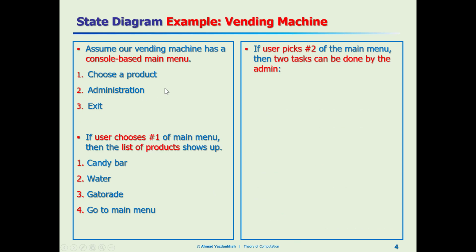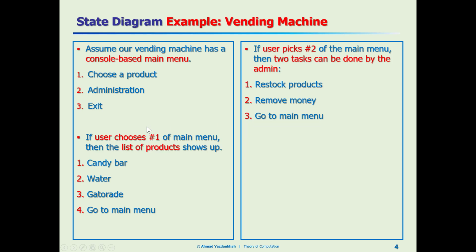If the user picks number two, administration, then we will have two tasks that the administrator can do: restock the product or remove the money, or go to the main menu. All right, so let's draw a state diagram for this simple menu system.